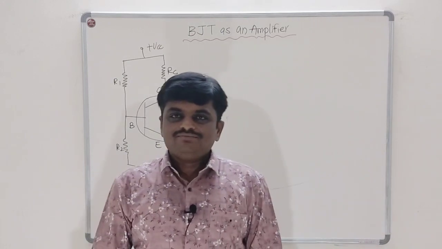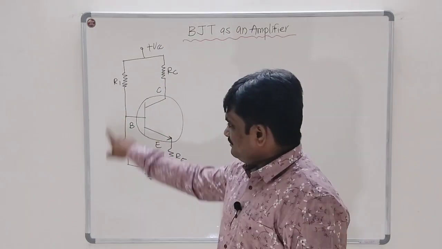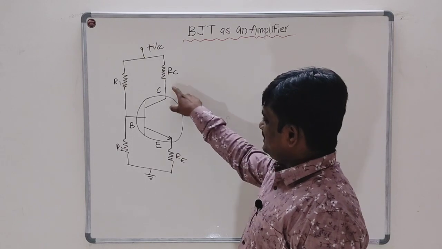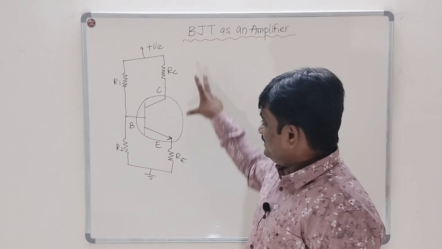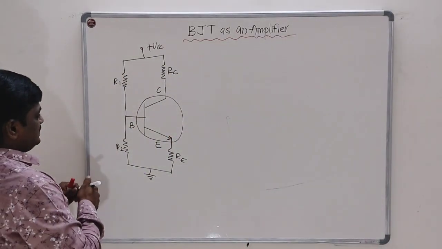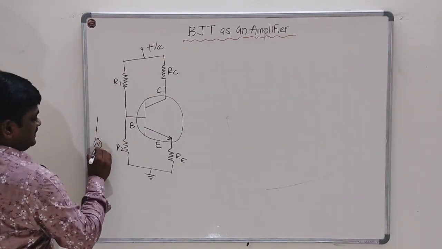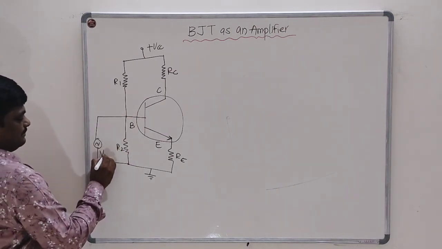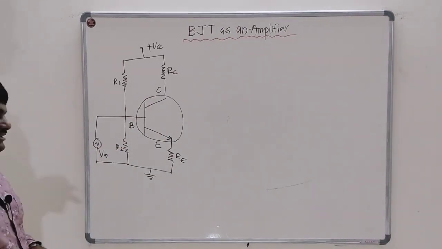Obviously, as it is a common emitter configuration, the input we have to connect between base and emitter, and the output we have to measure between collector and the common point, the emitter point. So here I'll connect the input signal, which is AC, and this input is applied between the base and emitter terminal, because it is a common emitter configuration.